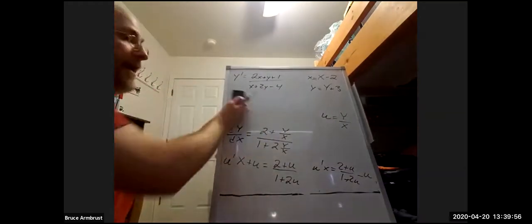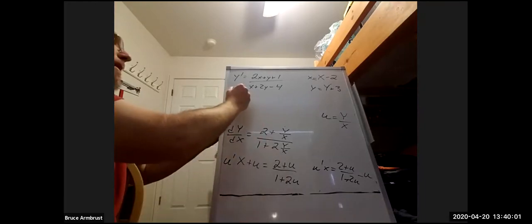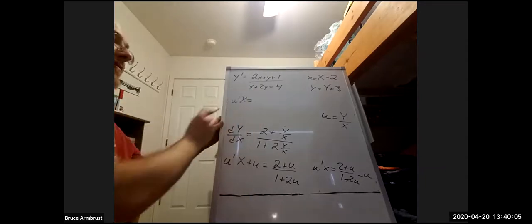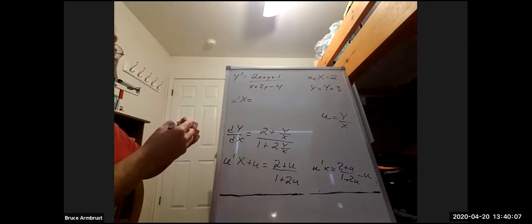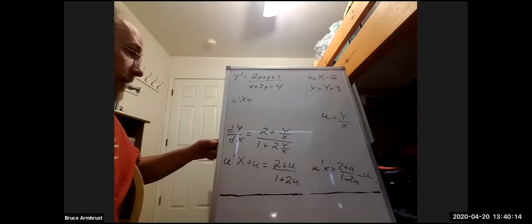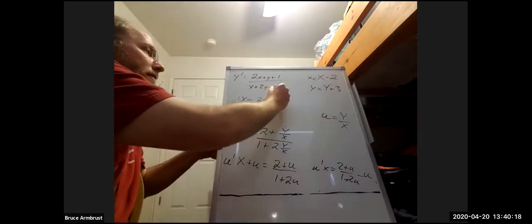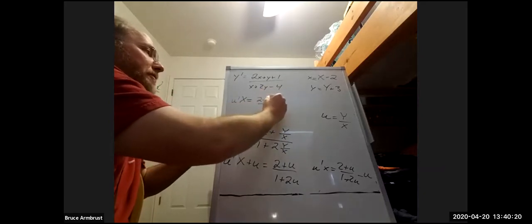Getting a common denominator, u prime X is going to equal, so let's see, we subtract u, subtract 2u squared, so I think we get 2 minus 2u squared over 1 plus 2u.